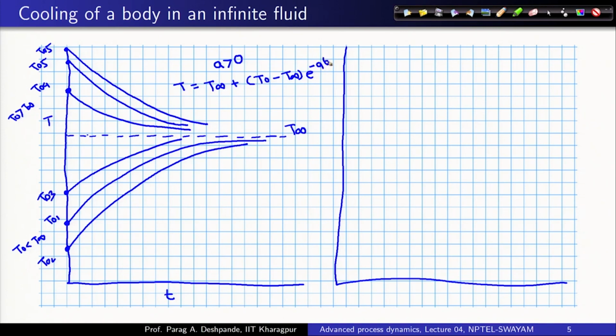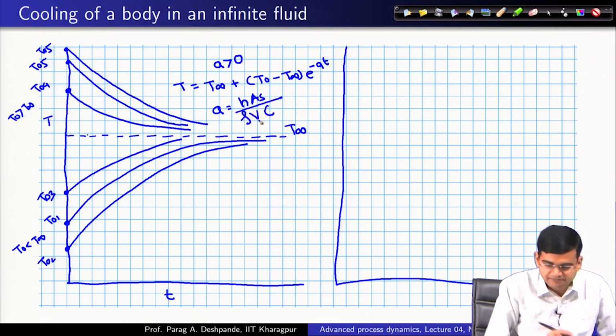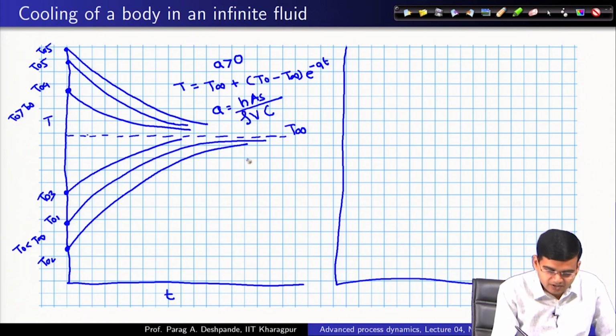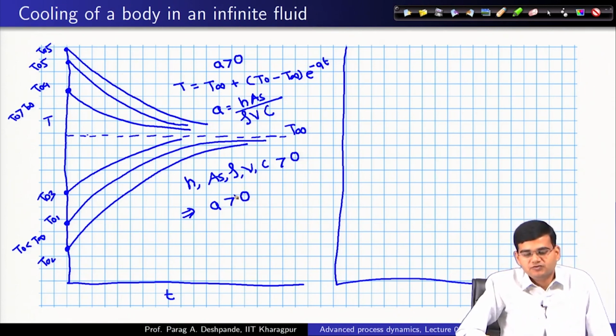This is true only for a greater than 0, and a in fact was h times A s divided by rho v c. Now, all of these quantities, heat transfer coefficient, surface area, rho, which is the density, volume, specific heat, they are all greater than 0, which means a would always be greater than 0.